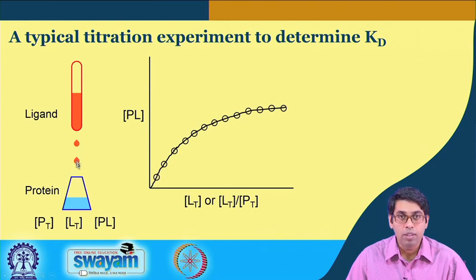So, you keep on doing this, you keep on adding the ligand, which is titrating in the ligand, and the concentration of the ligand will keep on increasing, and the concentration of your protein ligand complex will keep on increasing.